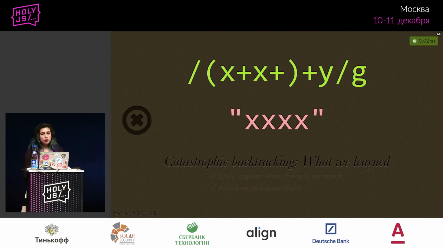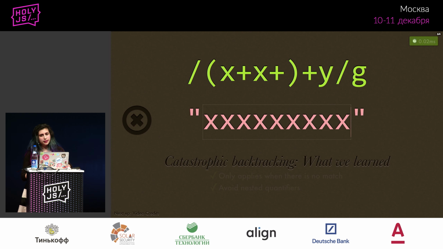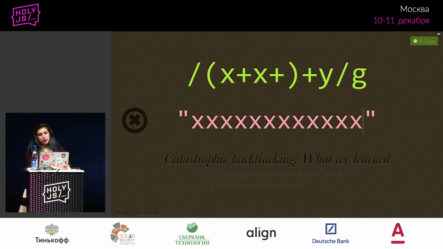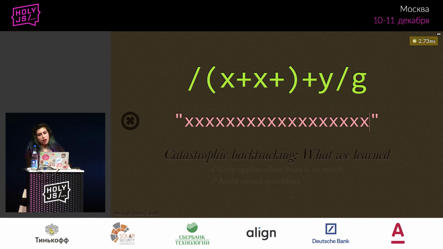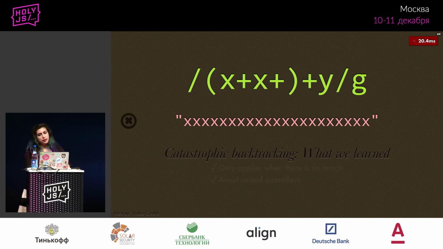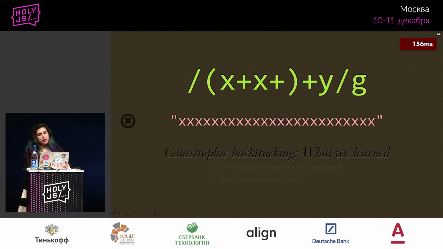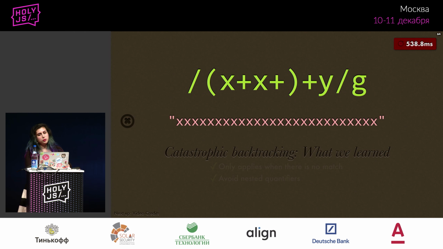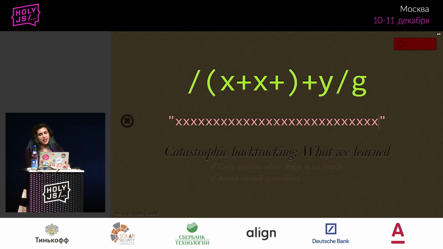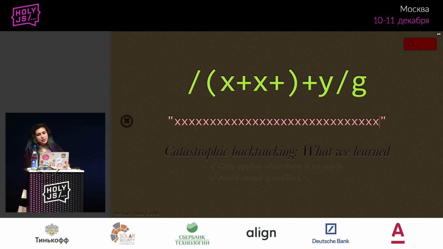It doesn't really matter when we have a short string like this, but when we start adding x's, notice this indicator here. When we add x's, now we go to slower matching, and it's even slower. And notice how it grows. At this point, it's taking a while. This is 1 second now. Now it's 2 seconds.